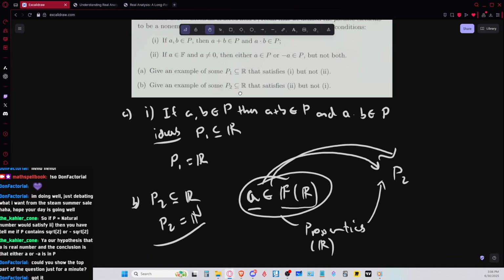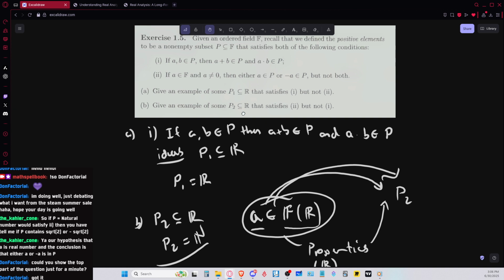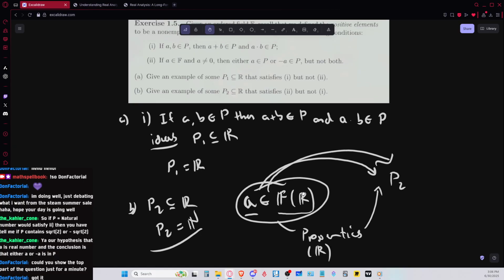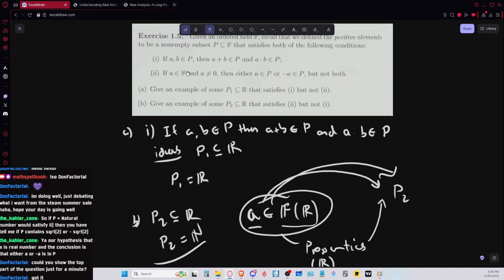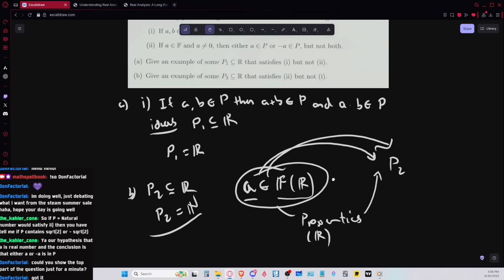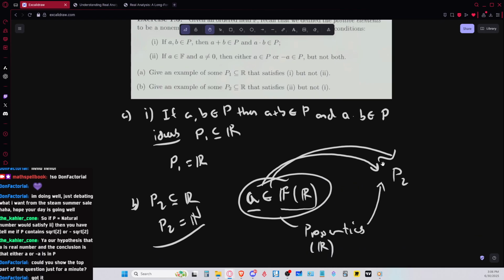Because according to Sasha, the way he described it over and over again with me, it seems as if a, the element we're dealing with, has to have the properties of the real numbers first before it is actually within the subset P2. And if we do have the real numbers here, then the square root of 2 has to be in this set.